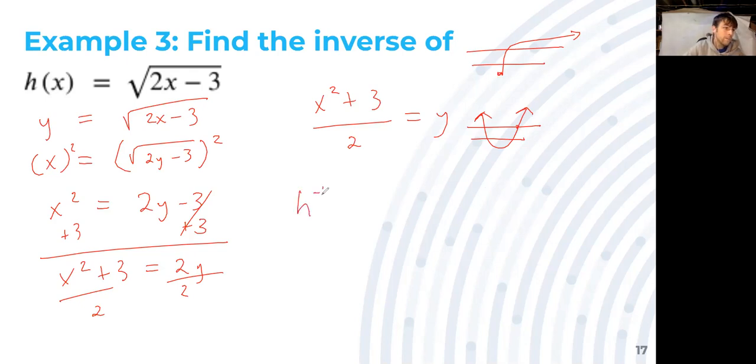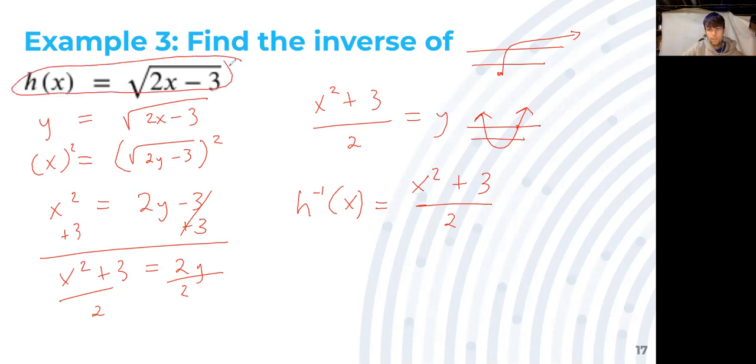Even though I technically was able to solve it and there should be an inverse, what we have to do in cases like this is we say, fine, this is the inverse, but it only works for certain numbers. It doesn't work for the whole domain of this function. They aren't going to undo each other for everything. It only works for the numbers that this function would work with.